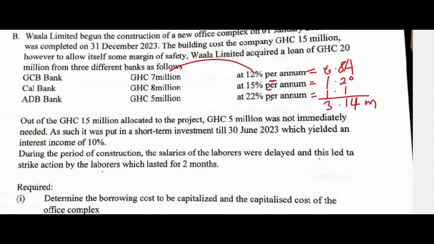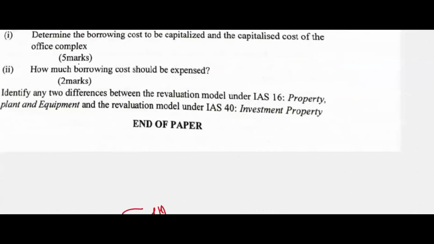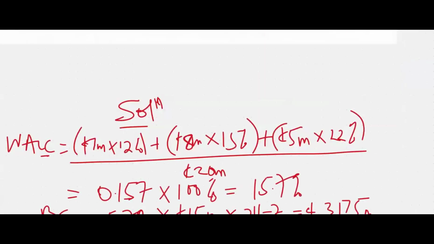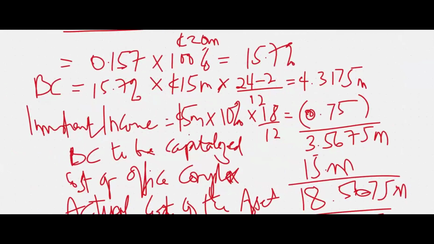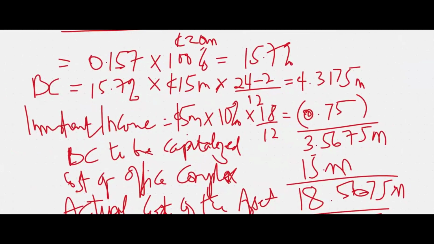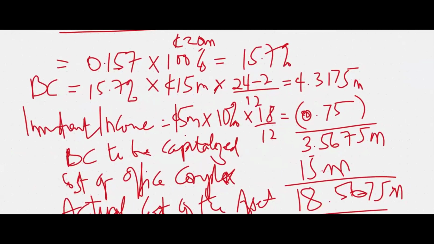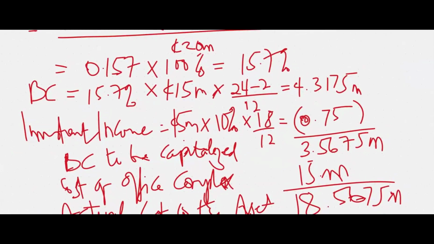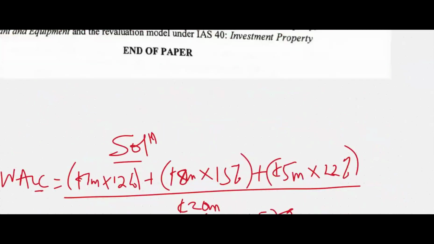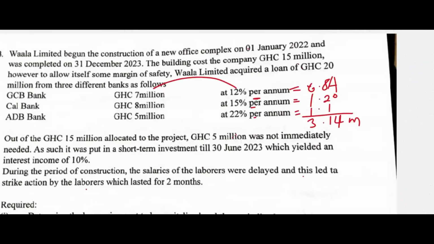Then now less the borrowing cost. What was our borrowing cost? The borrowing cost to be capitalized, just as we did it. It's not so much work. That's why they gave you 2 marks. Let me see. 3.56.